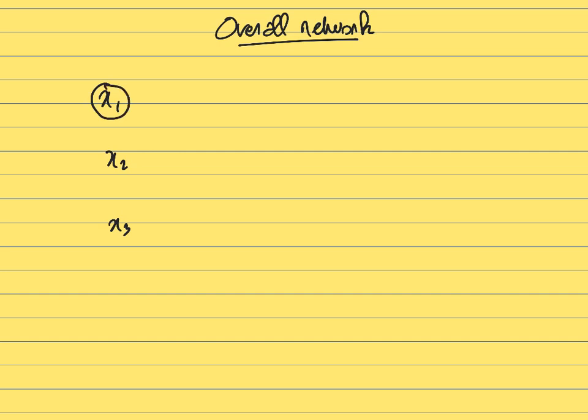Those are your 3 input neurons. Then those input neurons are going to be connected to some hidden neurons. For example, let's assume that there are going to be 3 hidden neurons, but again, this can be 2, can be 4, etc. The number can change.